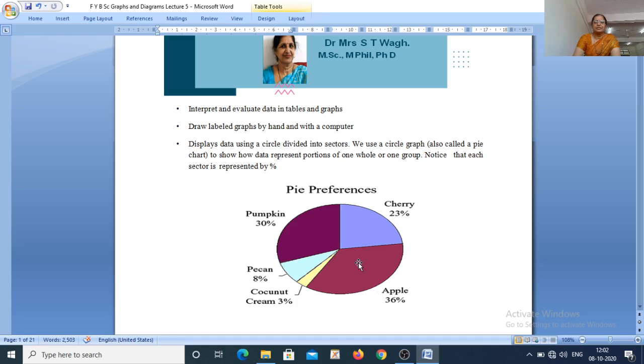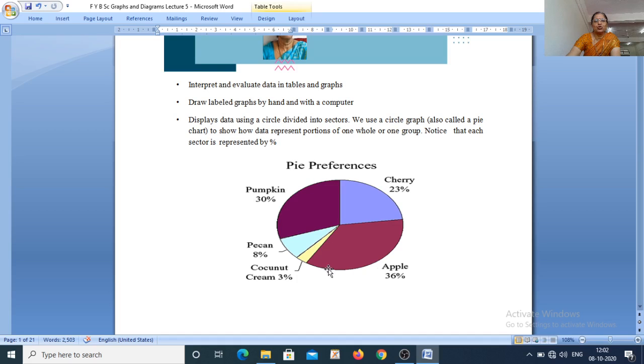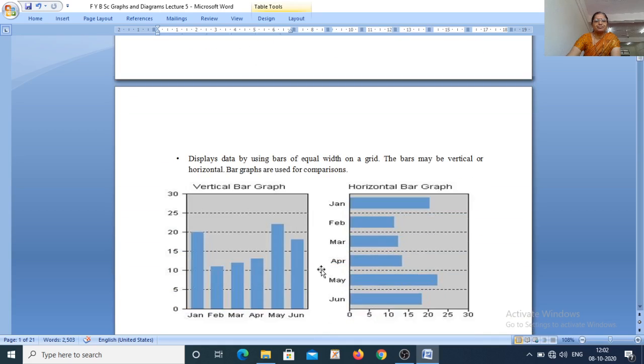We know that the total angle at the center of any circle is 360, so the things we want to divide, we divide in terms of 360, and in this way we can show a pie chart.